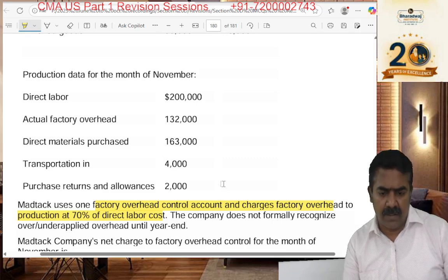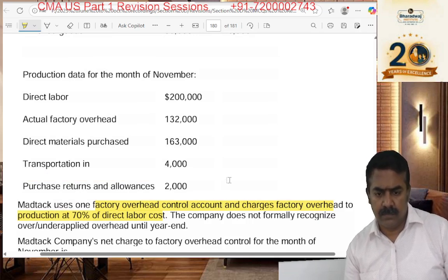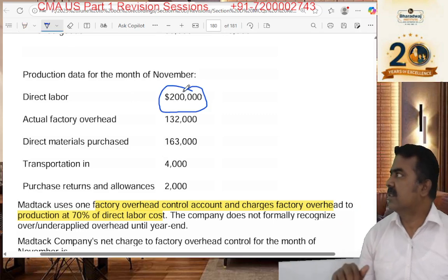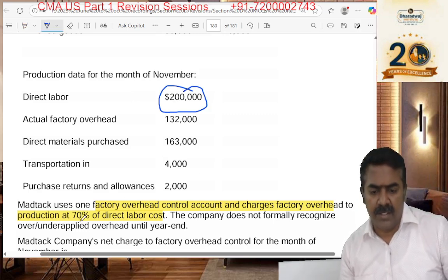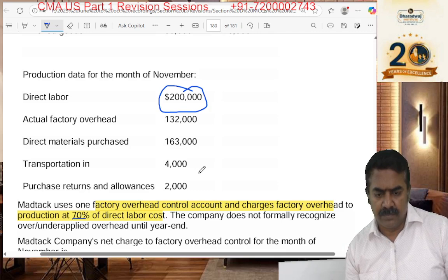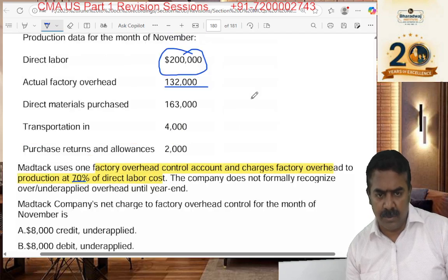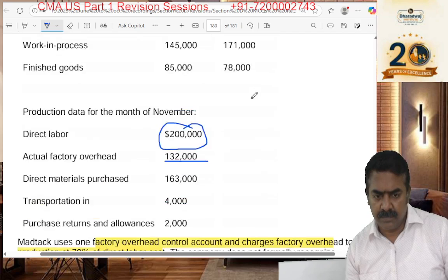70% of direct labor cost. 2 lakh into 70% will give us 1,40,000. Actual overheads are 1,32,000. Okay, 8,000.